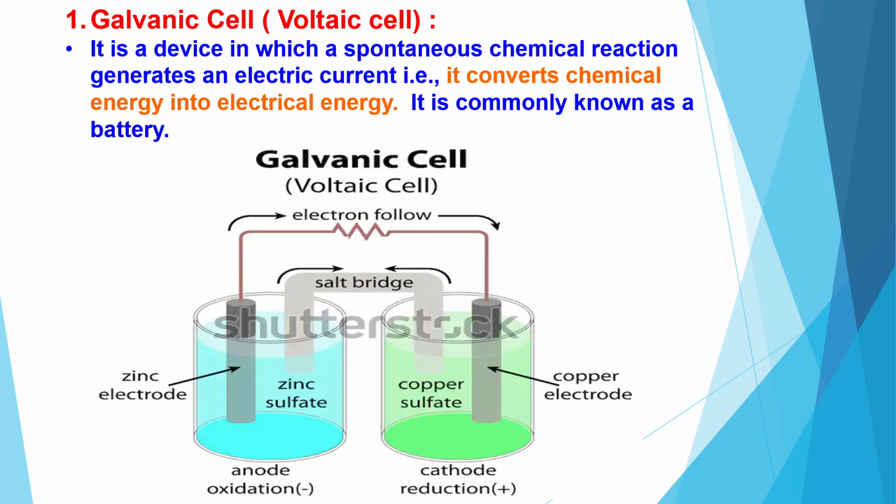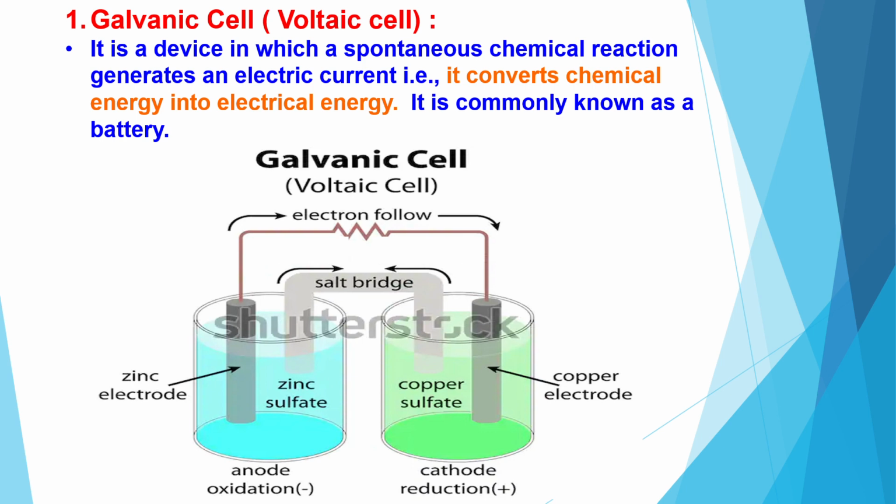Both the zinc rod and copper rod are called electrodes. They are connected by a wire. And the two solutions are connected by a salt bridge which contains an agar-agar gel, basically a gel type of matrix, which contains KCl, potassium chloride.